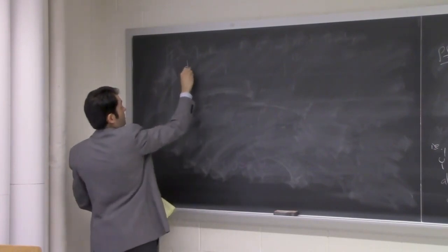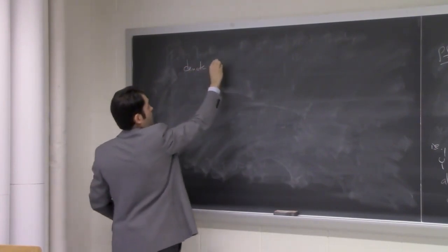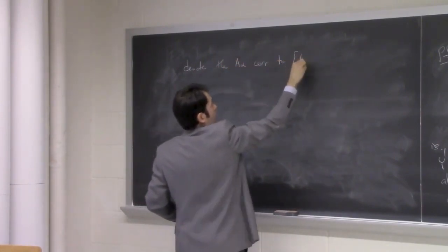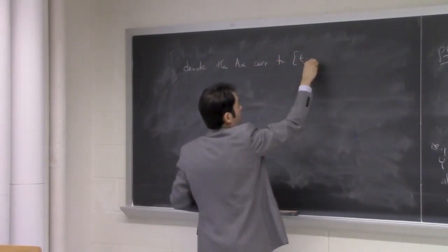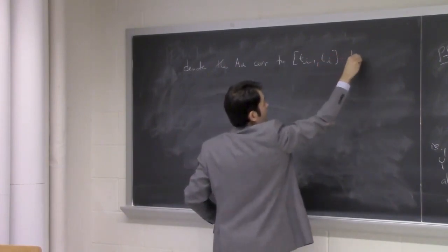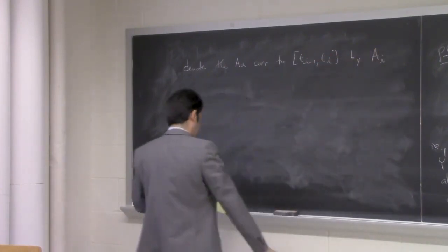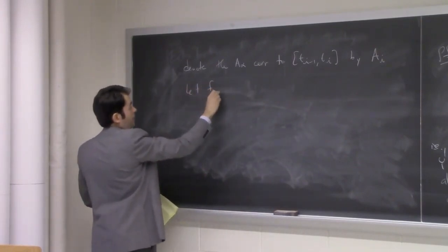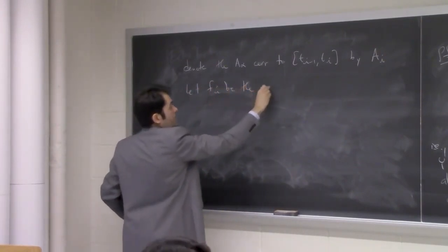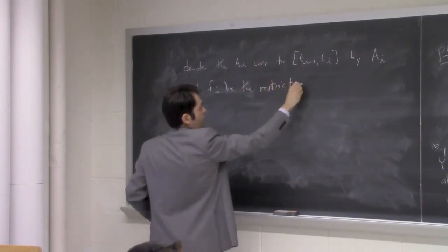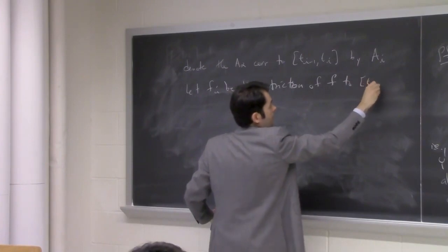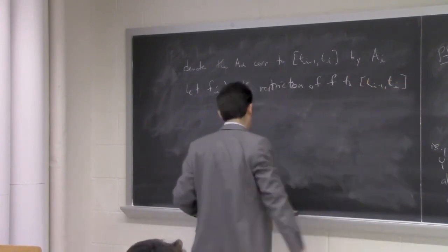Okay, so denote the A alpha corresponding to T_{i-1}, T_i by A_i. And let F_i be the restriction of F to [T_{i-1}, T_i].